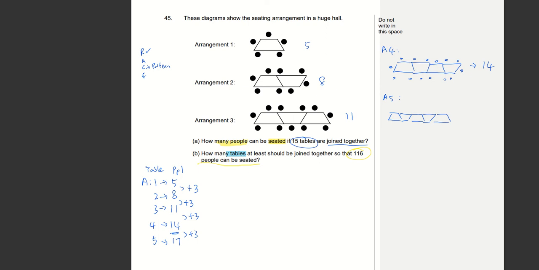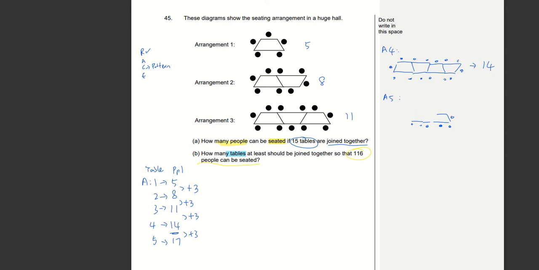Okay, so I will get 1, 2, 3, 4, 5, 6, 7, 8, 9, 10, 11, 12, 13, 14, 15, 16, 17. Pardon me, this drawing is not accurate.